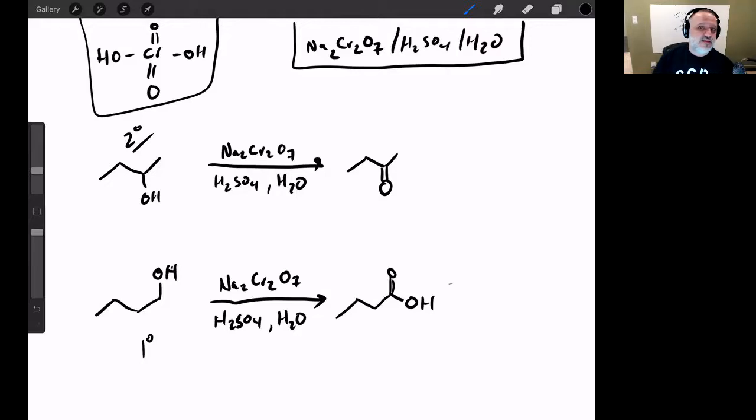And so this reaction results in a carboxylic acid. And so remember that sodium dichromate and ultimately chromic acid will be the common strong oxidizing agent that we deal with throughout the rest of the course. So keep in mind that the chromic acid, or the sodium dichromate with sulfuric acid, is the strong oxidizing agent. It will oxidize a carbon as far as it can go without breaking any carbon-carbon bonds.